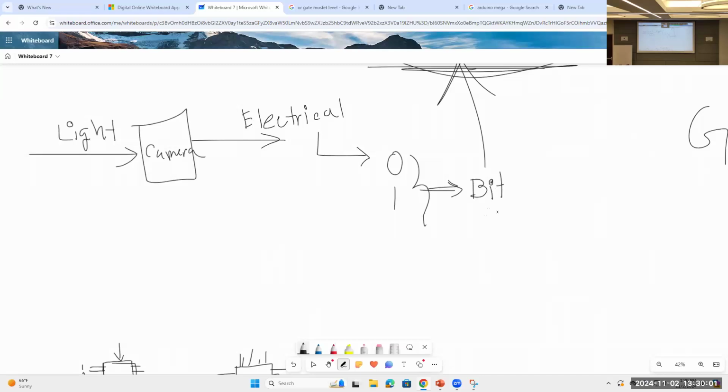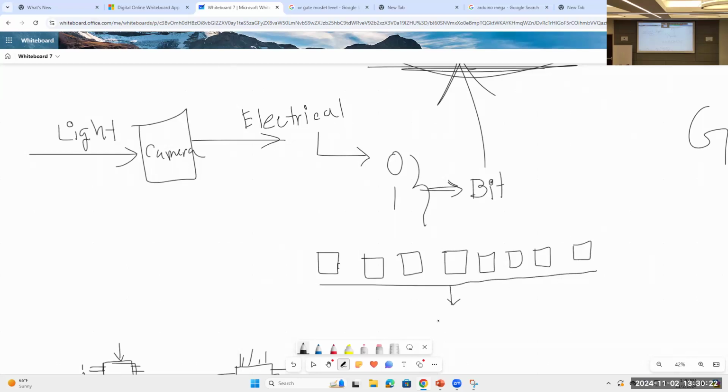And what is a byte? 8 bits. Suppose these squares are bits: 1, 2, 3, 4, 5, 6. If you have 8 bits, then it is called 1 byte. This is nothing but zeros and ones.